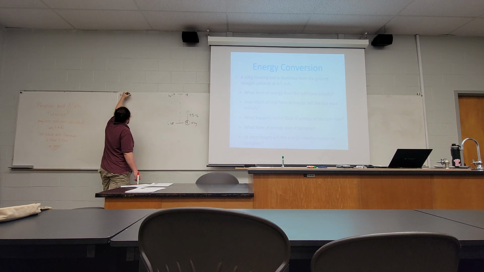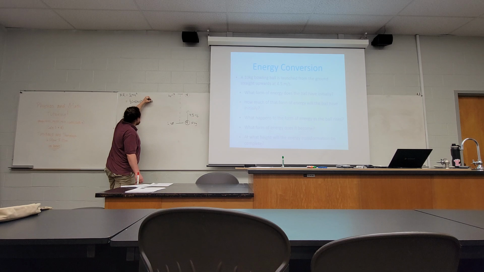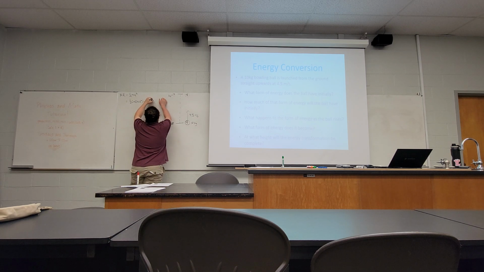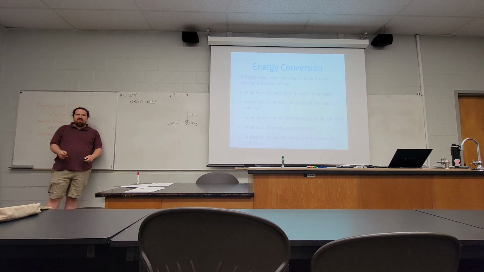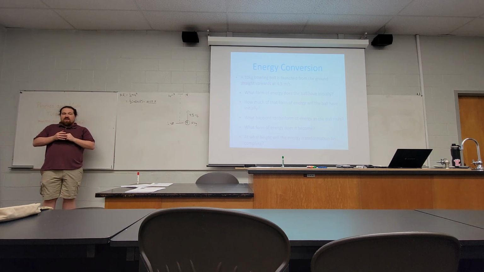So, kinetic energy initial, I'm going to do 1/2 times mass times initial velocity squared. For the ball to be moving at that speed, it would need 101.25 joules of kinetic energy.